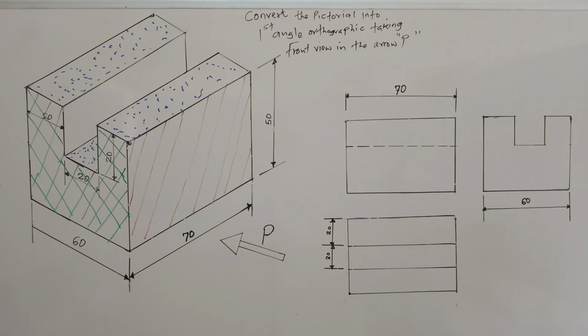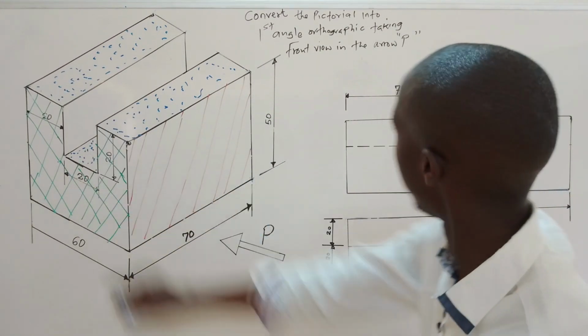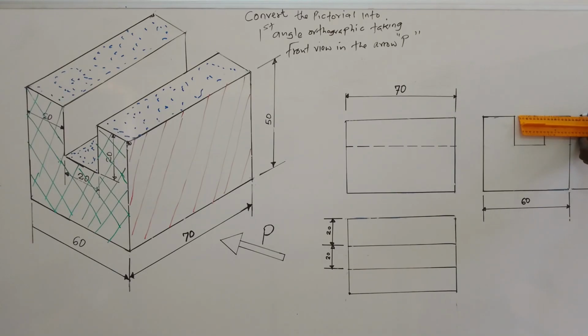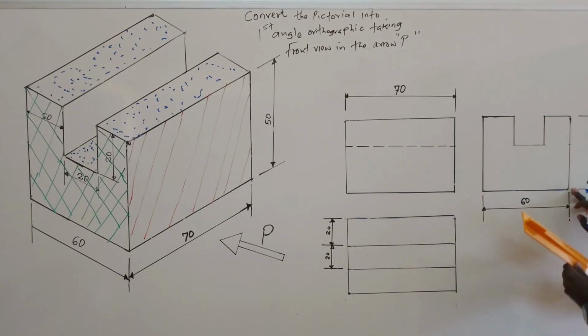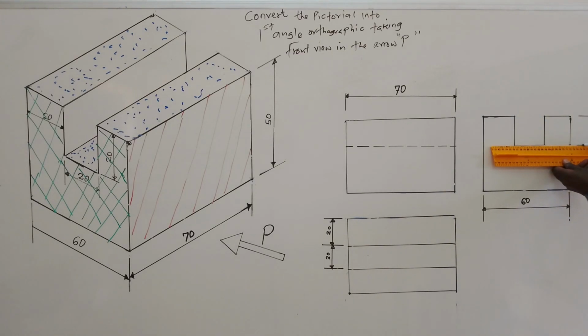Now what we are remaining with is the height of this and the overall height of this, 50. So 50, 50, and then 50. So I'll just do an overall. You ensure that the overall height is not far.